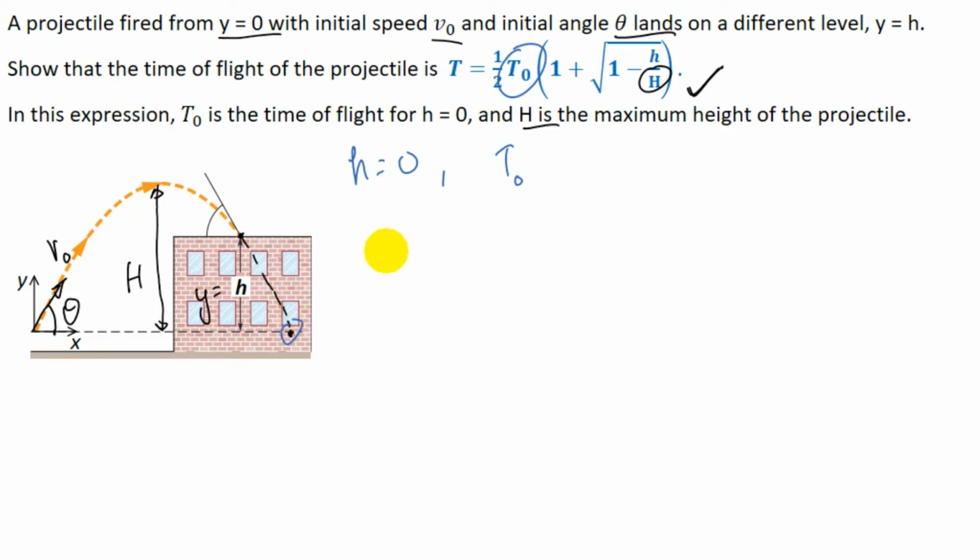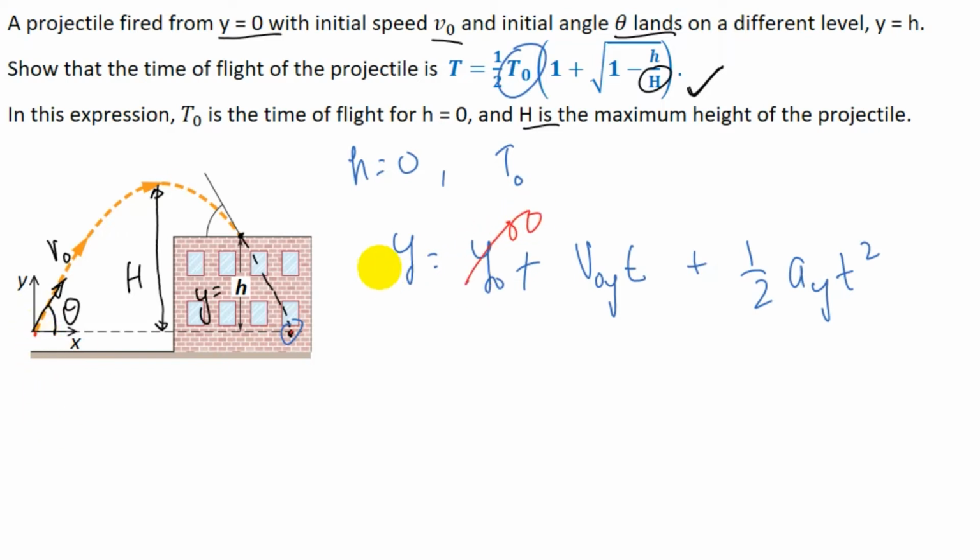For that we can use this equation, y equals y0 plus v0y times t plus 1 over 2 ay t square. Now here at this point y is 0, and here also y is 0. So y0 is also 0 and y is also 0. And this time becomes t0, because when h is 0, the time of flight is t0. This is what is given in the equation.